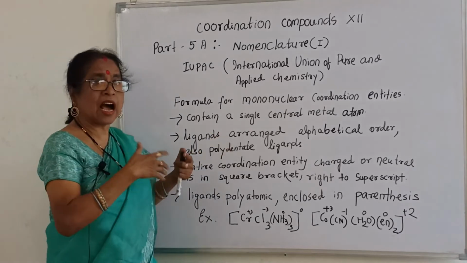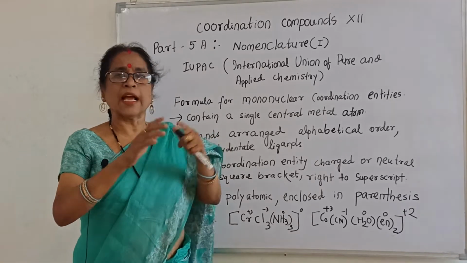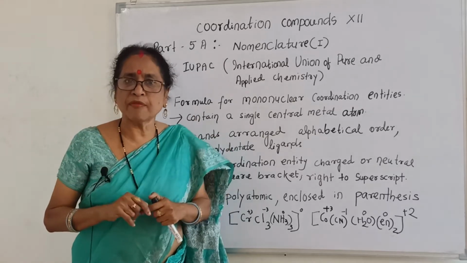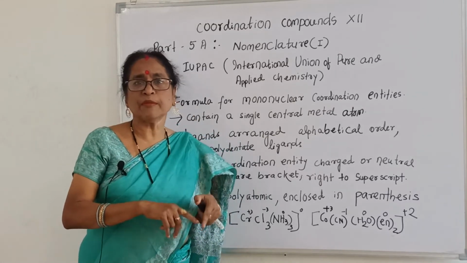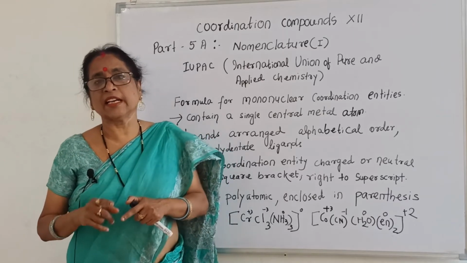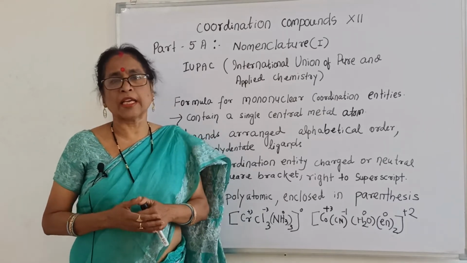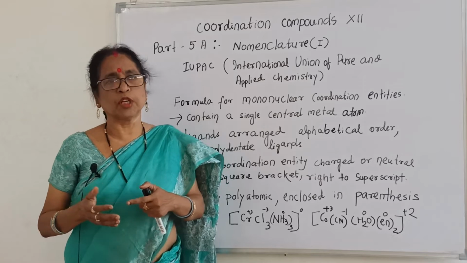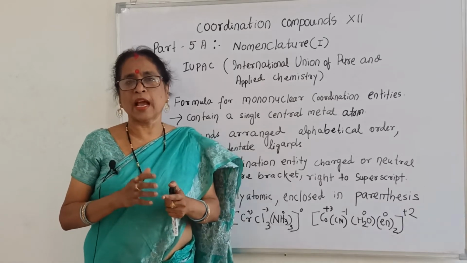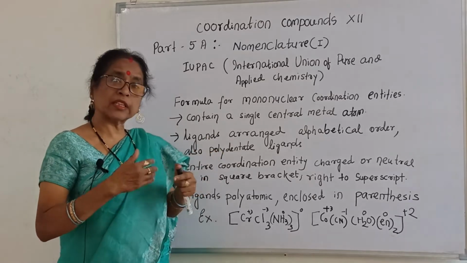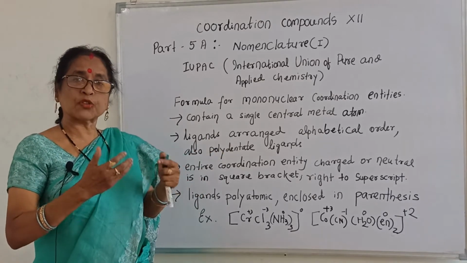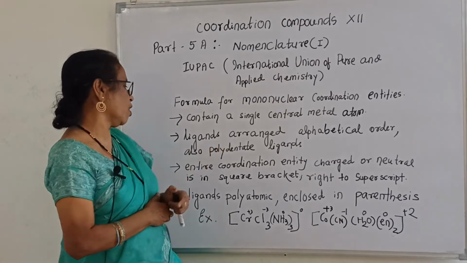Then how are the ligands arranged? Within the square bracket, one thing present is the central metal atom, the other is the ligands. The ligands are of two types, anions or molecules, or maybe both anions and molecules. Here the ligands should be arranged in alphabetical order.